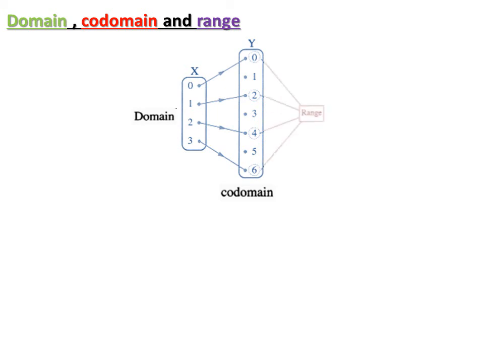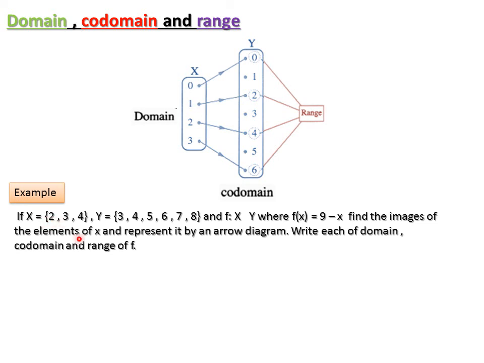So the range here is 0, 2, 4, 6. So the range is a subset of the codomain, the set y, and the range is the images of the elements of x. Let's understand more by an example.